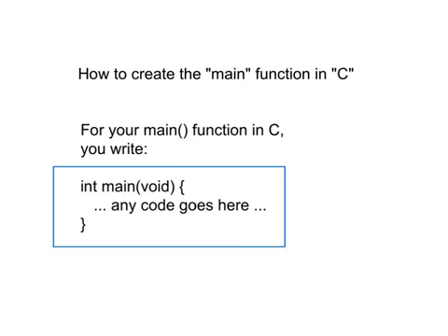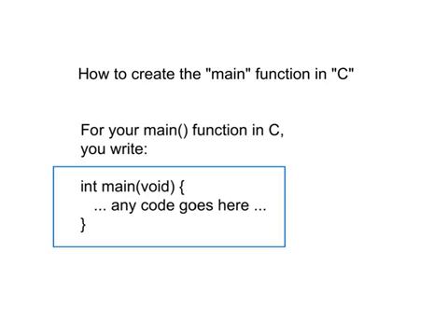Now, for the main body of the program, or of the function, you put an opening brace, then all of your programming code goes here, and then you put a close brace when you're all done in order to end the program. So let's recap.